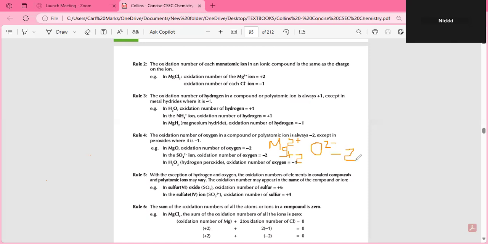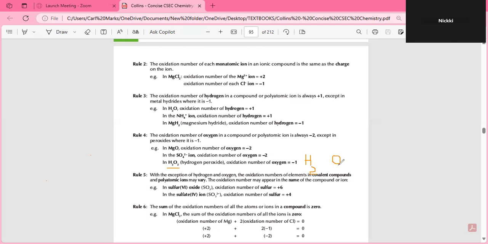So that's that case. Now let me look at hydrogen peroxide. That's a different case now. Most times it's going to be -2 except if it's a peroxide. And this is our peroxide here, H2O2. Good. So this is 2 hydrogen combining with 2 oxygen.